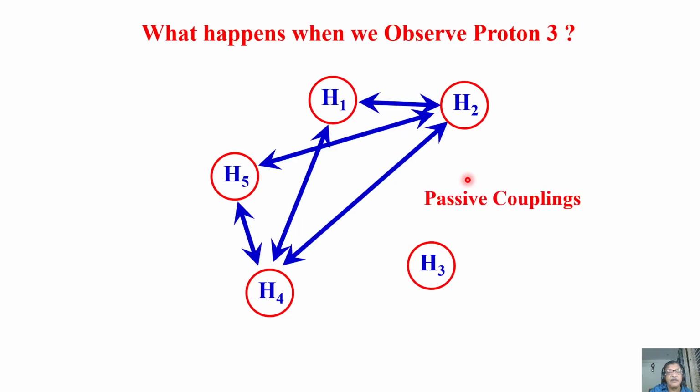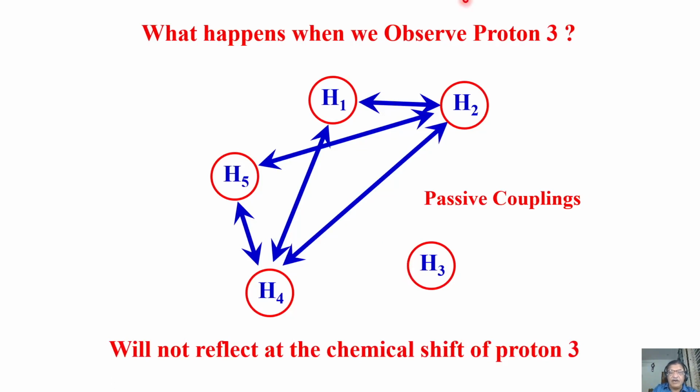These things you will not see at this site. Remember this. These couplings are called passive couplings. You will not see them at this site. You understood? I gave you 2 examples of active spins and passive spins. I hope you would have understood something now. And this will not get reflected at the chemical shift of proton 3.